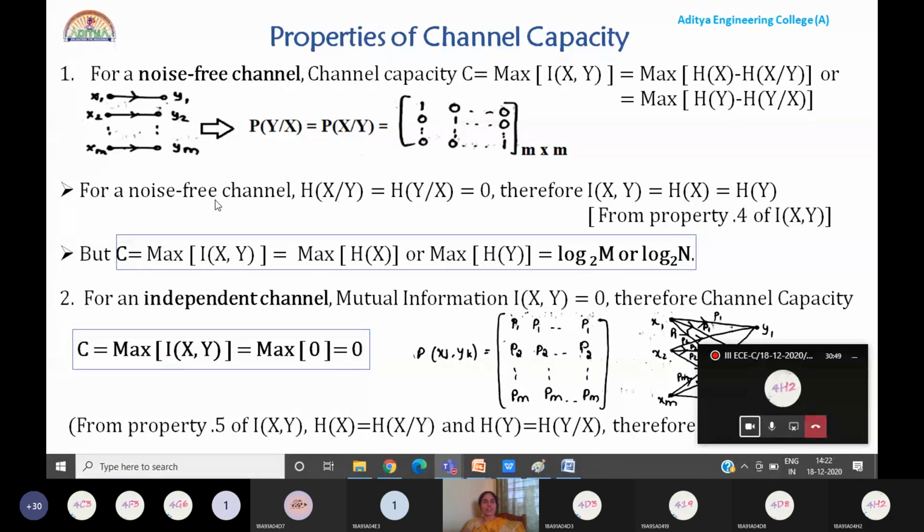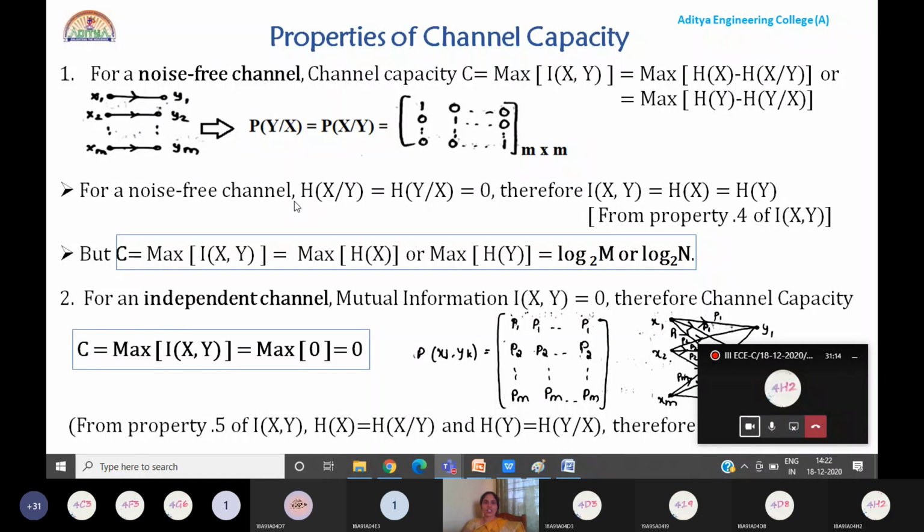Okay. Now for a noise free channel, H(X|Y) is equal to H(Y|X), which is 0, because of the entropy property. If we have multiple messages and only one message has maximum probability, then its entropy is 0.